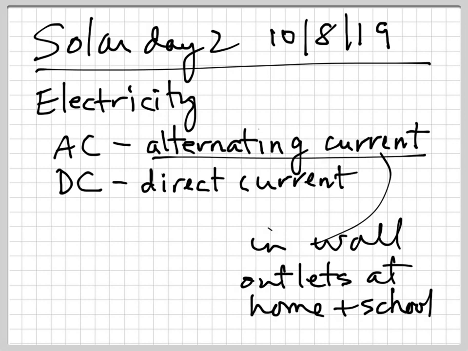Electricity is electrons moving through a wire. And in alternating current, they go back and forth. So rather than just going from one place to another place, they generate power by going back and forth.